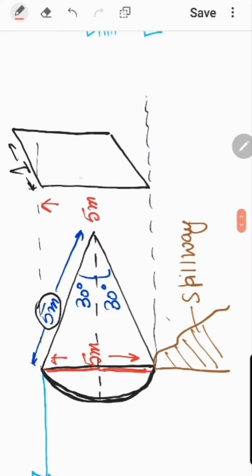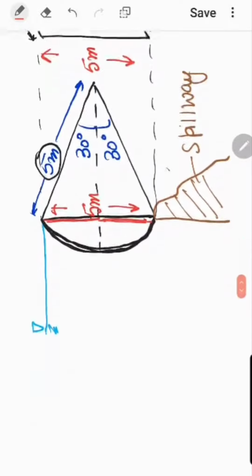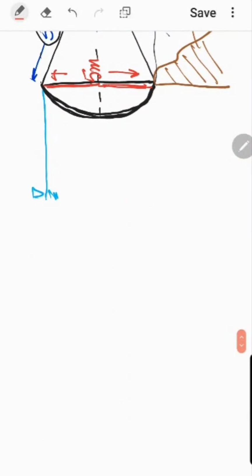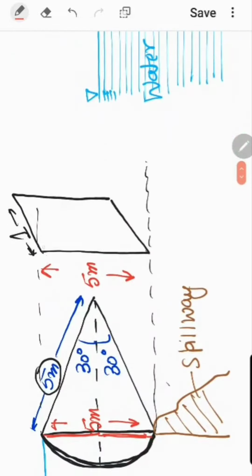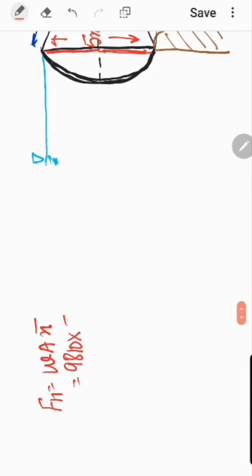Now from here we can find the horizontal force acting on this curved surface. The horizontal force calculation is going to be W A x bar. W, as it is water, is 9810, multiplied by the area of the vertical projection, and the area of this vertical projection, as you can see here, is 5 cross 1, multiplied by x bar.